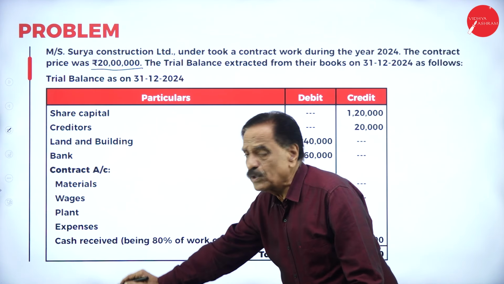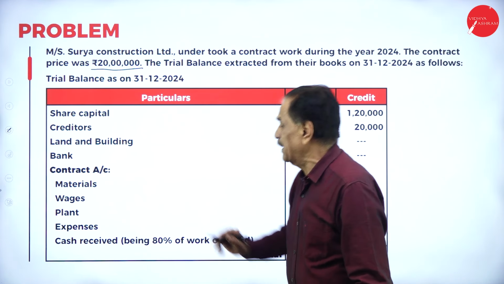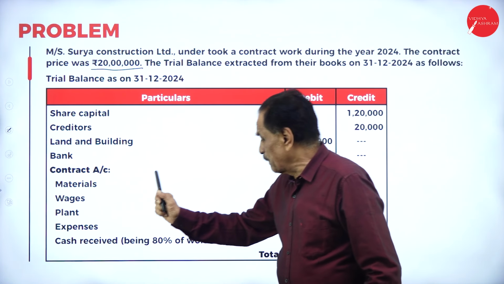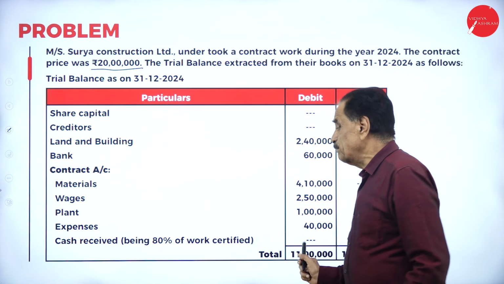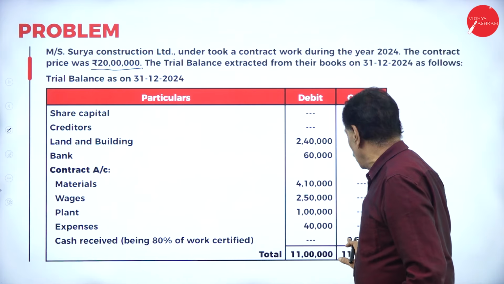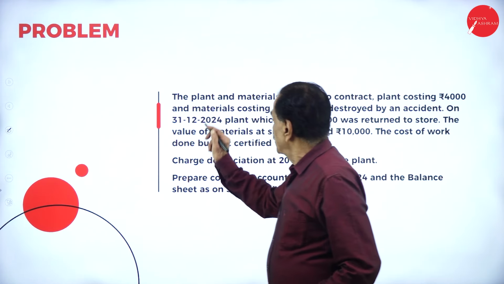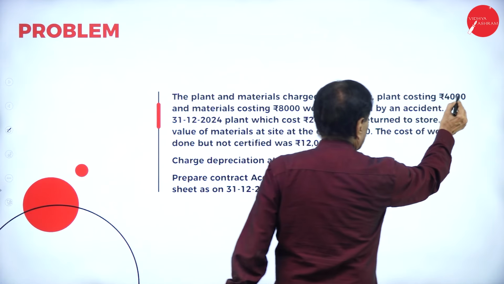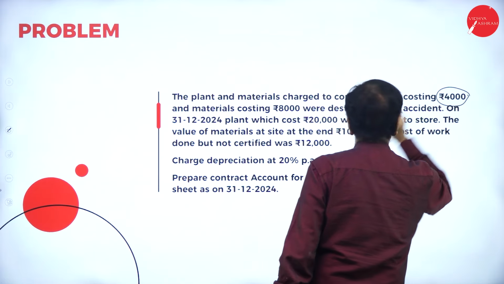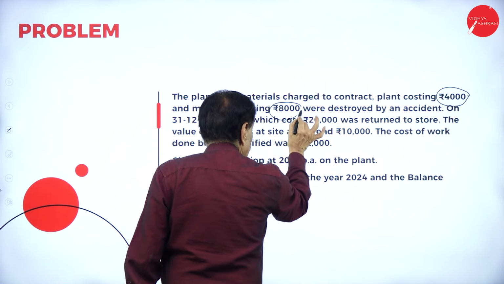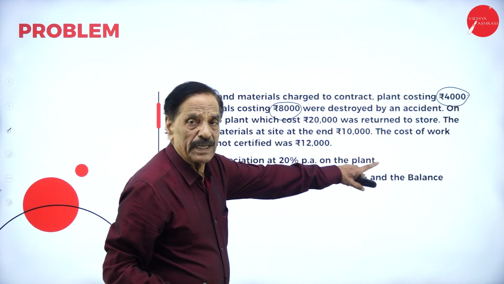This will be charged to contract account. Material is an expenditure, wages an expenditure, plant is an expenditure, expense an expenditure, cash received being 80% of the work certified. Then the plant and material charged to contract: plant costing rupees 4,000 and material costing rupees 8,000 were destroyed by an accident.